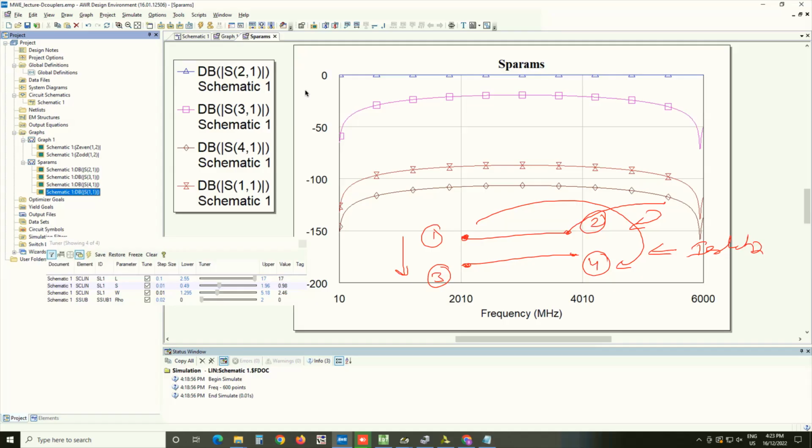The reflection coefficient. Now, this would be fine as long as the isolation is 0. I mean, the isolation is perfect, right? Because otherwise, part of the power which you send to port 1 is also going to end up at port 4.